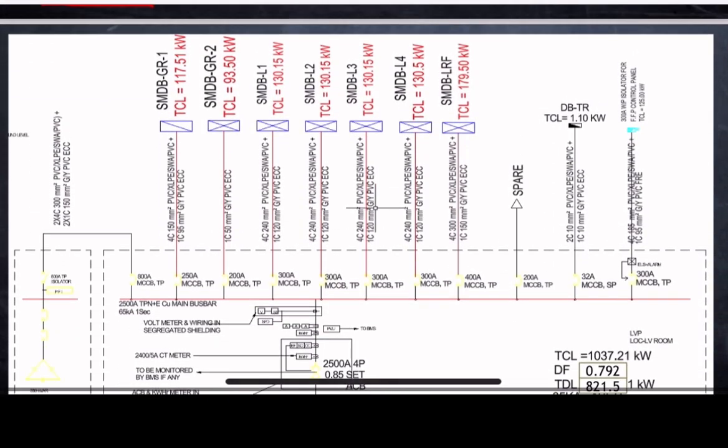Now we have to summarize the load on the MDB, which is step 1. We have to summarize the total connected load on the MDB.